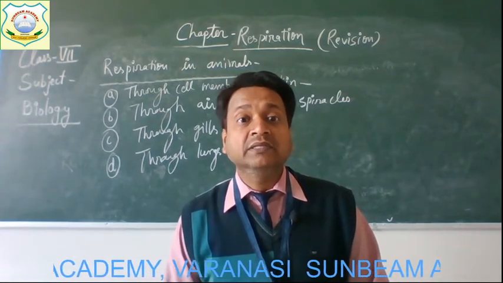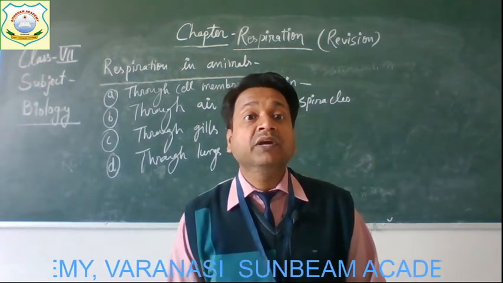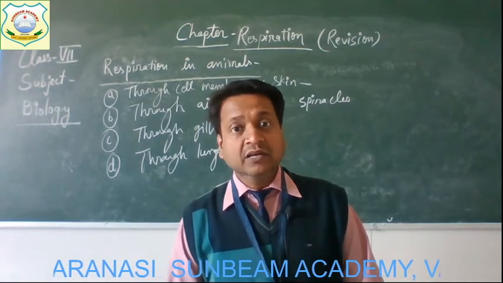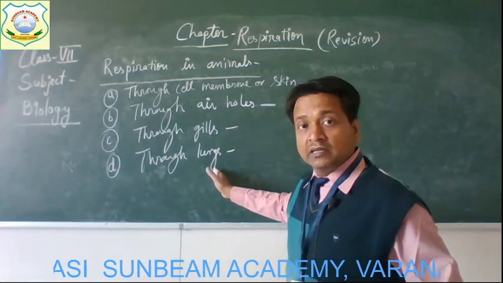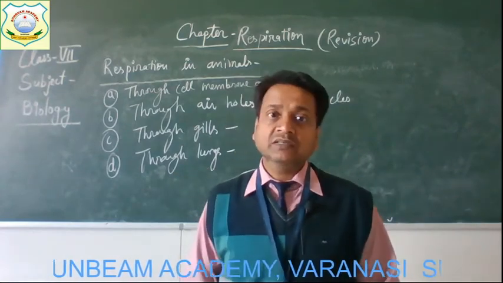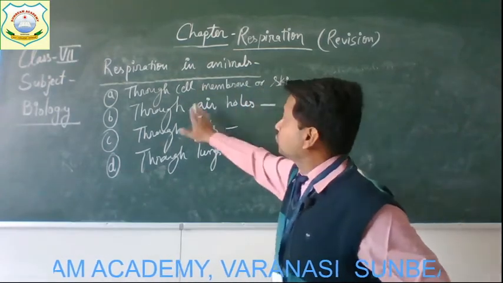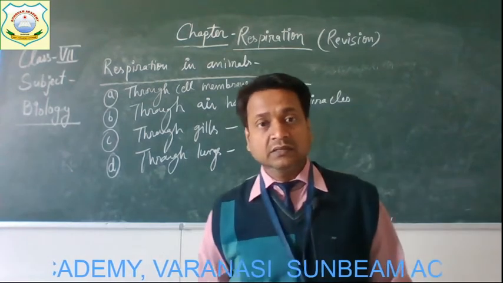Birds and mammals also have highly developed lungs where gaseous exchange takes place. So children, these are the four different ways found in animals: through cell membrane or skin, through air holes, through gills, and through lungs.